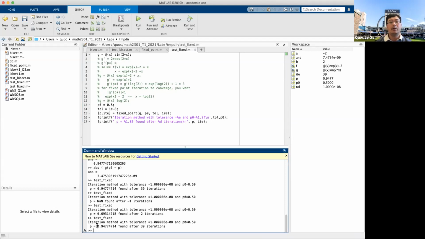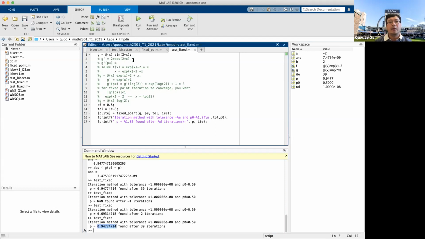So you put in this value, take cosine of 2 times this value, and multiply by 2.